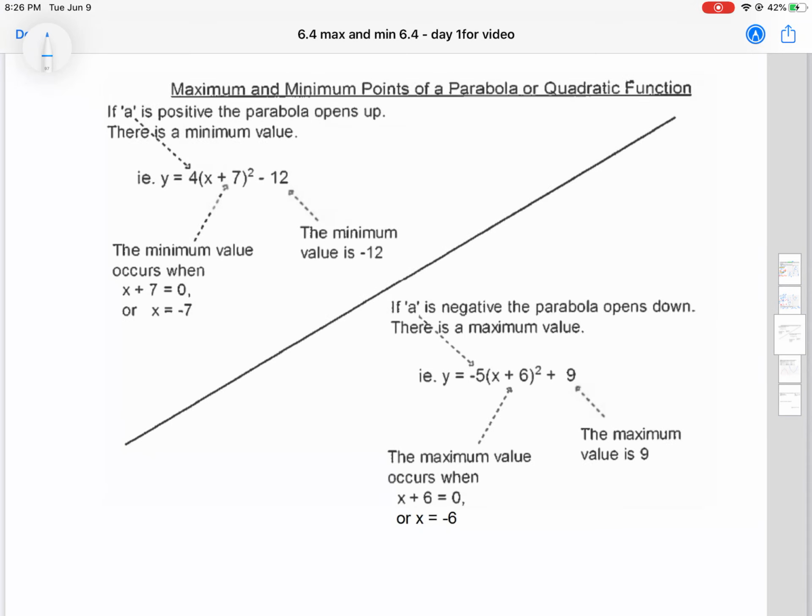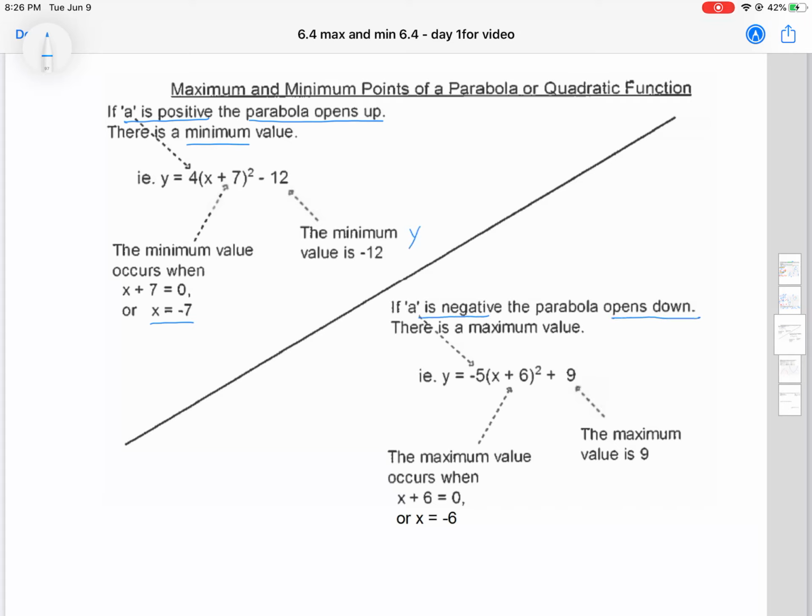Okay, and here's another slide with the summary. If A is positive, then the parabola opens up and you get a minimum value, and then the x value of the vertex, and this is the y value.